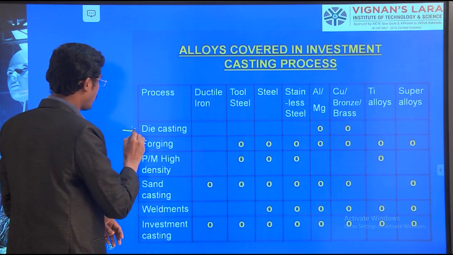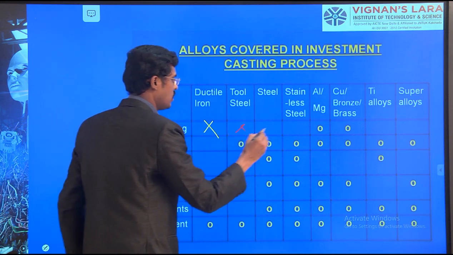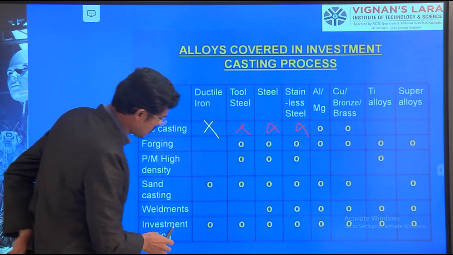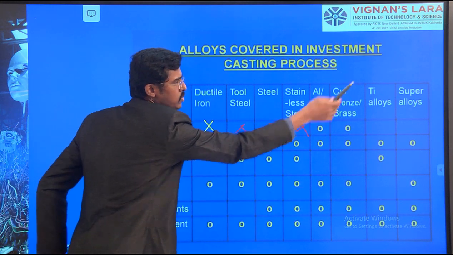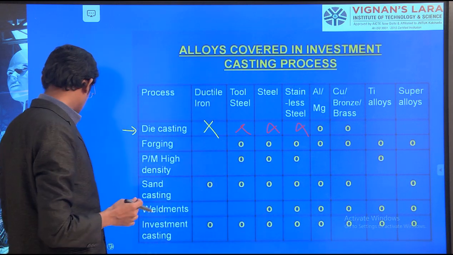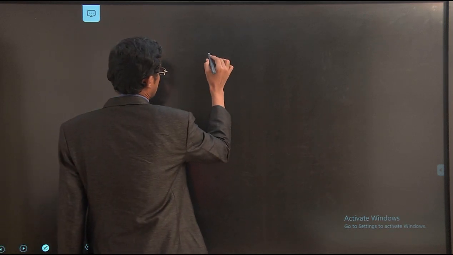In the die casting process, here it is not possible. But in this investment casting process, all types of alloys, ductile, tool steel, stainless steel, aluminum, titanium, superalloys, all are possible here. Therefore, in the investment casting process, we can do all types of assemblies.